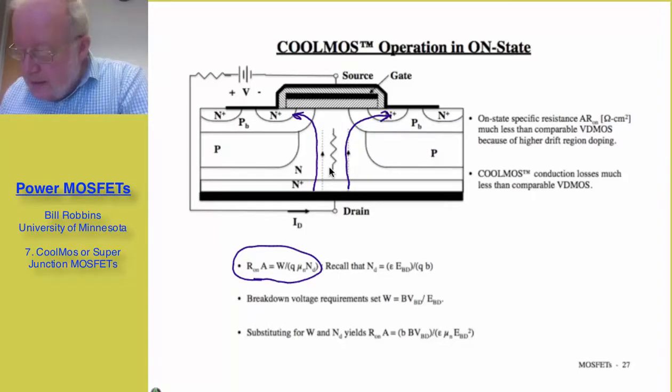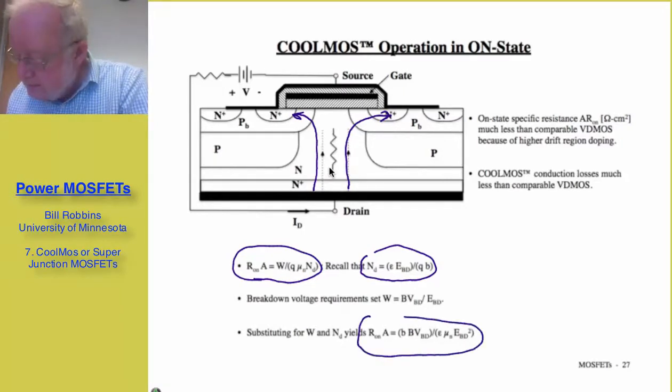But now I'm writing it as on-state resistance times the area, the so-called specific resistance. It's the thickness of the drift region divided by q times mu sub n times the doping density. If I remember that the doping density is set by this equation, and I make that substitution, and also the substitution that the length of the drift region is equal to the breakdown voltage divided by the breakdown field strength, I obtain the following equation for on-state resistance.